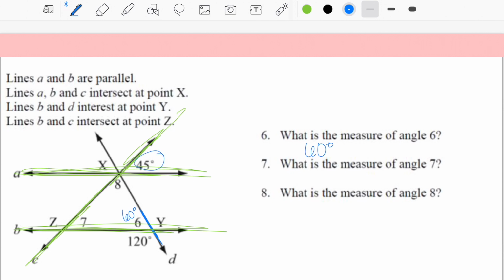And notice that 45 degrees right here and angle 7 are sitting at the same seat in a different table, which means they're corresponding angles and they are congruent. So angle 7 will also be 45 degrees.